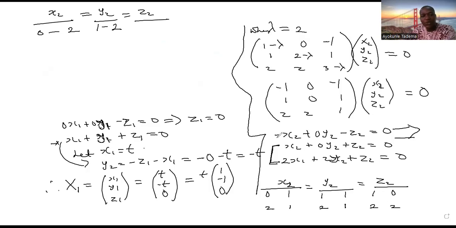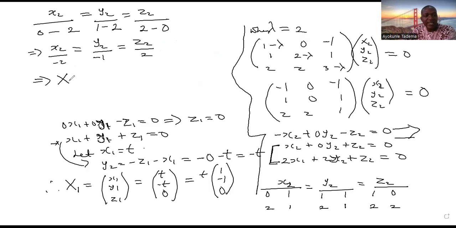This one times this is 2 minus this one times this is 0, which implies that x2 over minus 2 equals y2 over minus 1 equals z2 over 2.